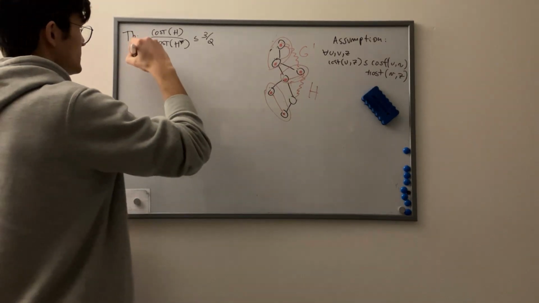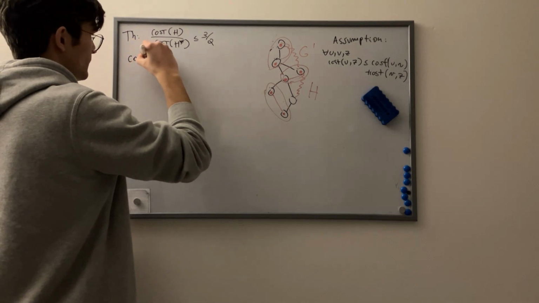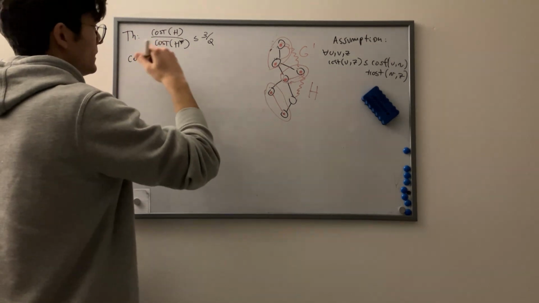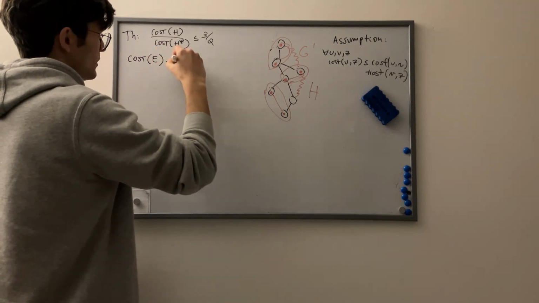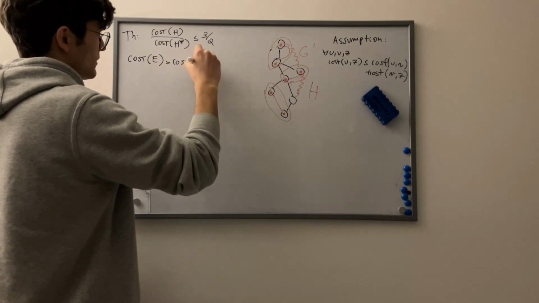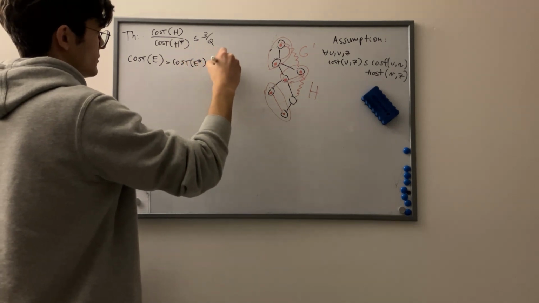So in this case, what we know is that for sure the cost of the Eulerian tour, so of E, is for sure the cost of E star, so the perfect match, plus the cost of T star.